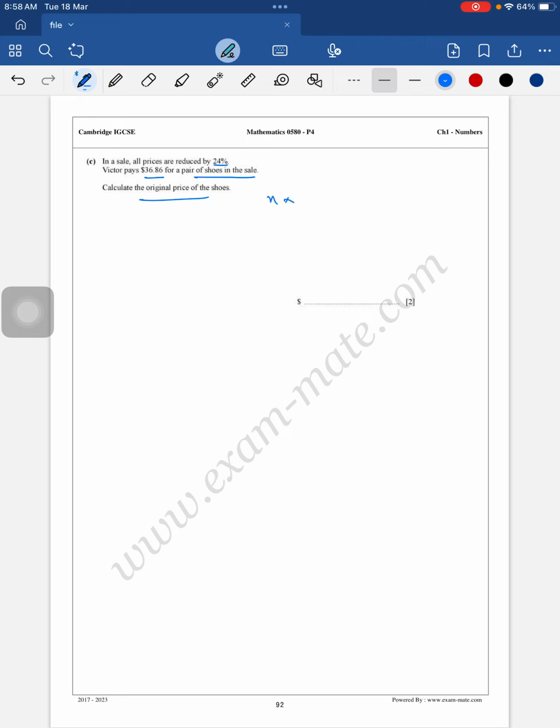So the original price x multiplied by 76% upon 100 is equal to 36.86. So x is equal to 36.86 multiplied by 100 divided by 76, which is 48.5.